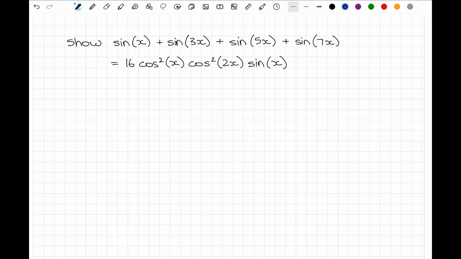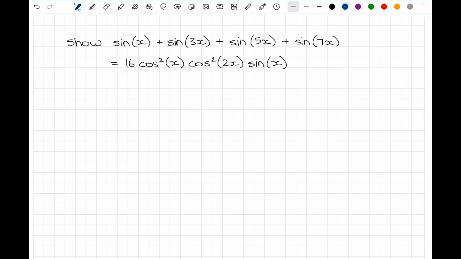On the right-hand side we have the product of terms, and those terms are a mix of sine and cosine.